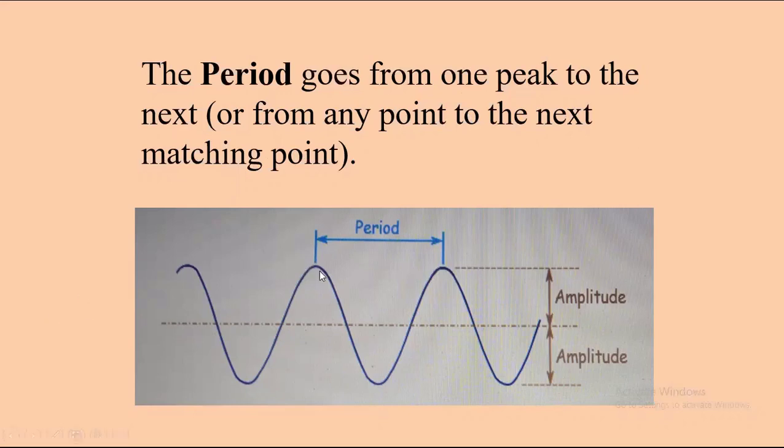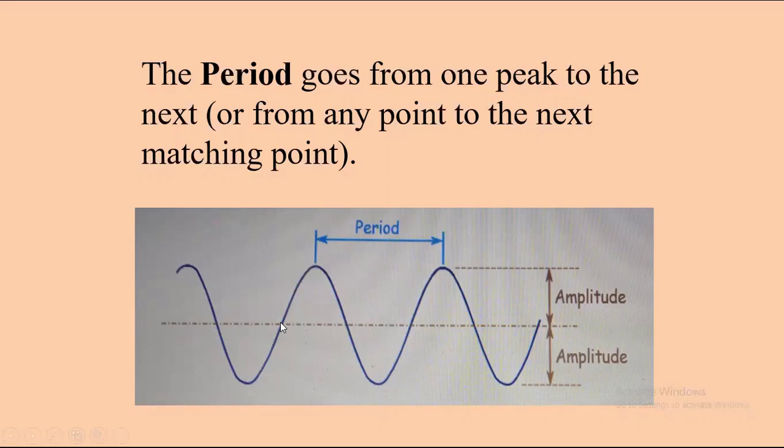So if we consider this is a point, what is the next matching point? This is the next matching point. Or if we consider this is a point, this is the next matching point. Again, if we consider this is a point, what is the next matching point? You see the graph, it goes up and below.